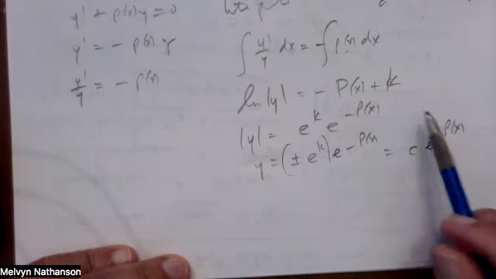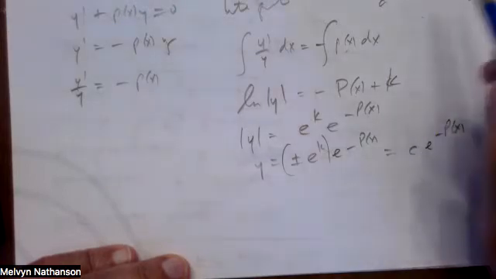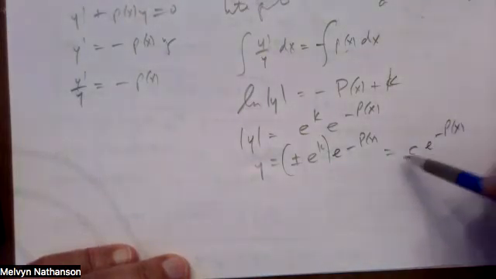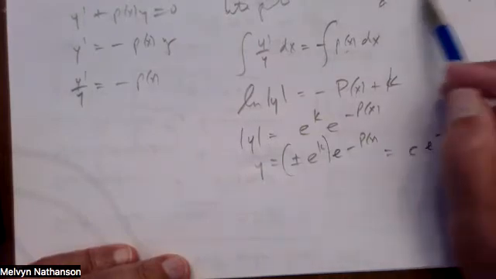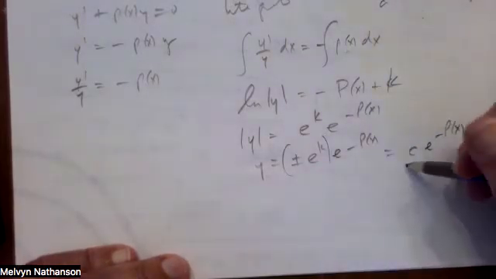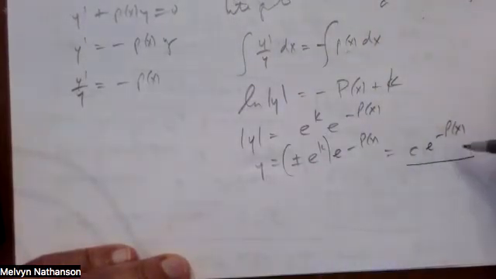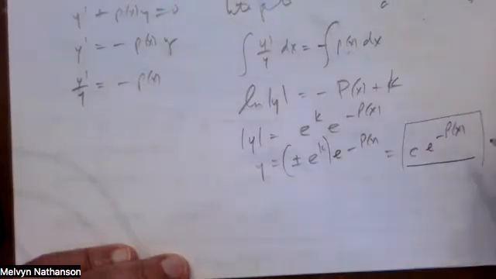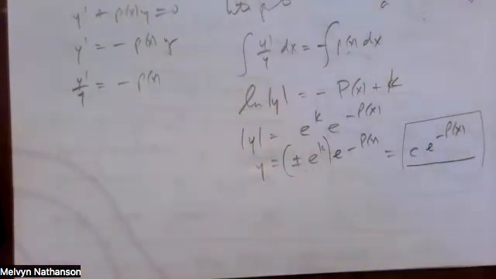But p of x is defined and continuous everywhere from a to b. So this solution extends to a solution for all x between a and b. So this is a proof that every solution of this differential equation is of this form. In fact, of this form even if it's the trivial solution, because you can choose c equals 0, and you get y equal to 0 for all x. So that's a proof that the solution of the homogeneous equation is always a function of this form.